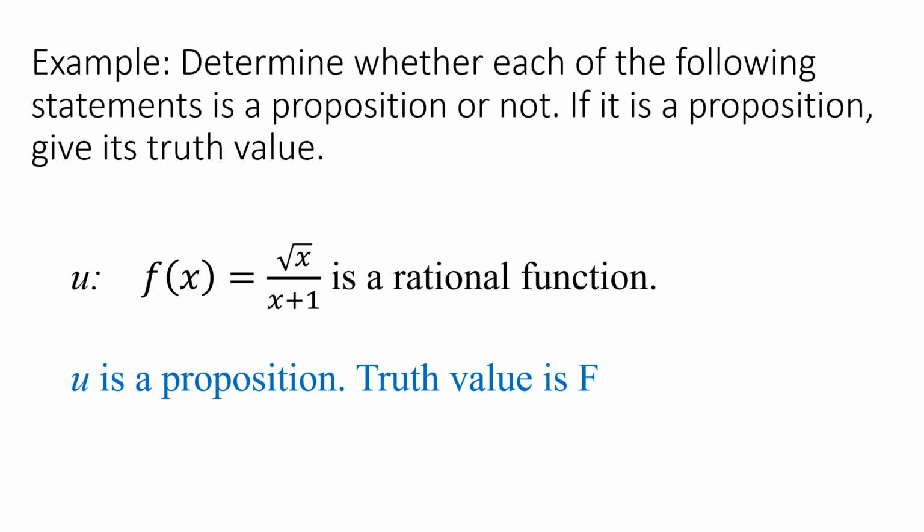Take note that the statement, as I said, is a declarative sentence. So since it is a declarative sentence, then it is a proposition. However, the truth value is false because, as I said, the denominator of the given function is x plus 1, which is not a rational.